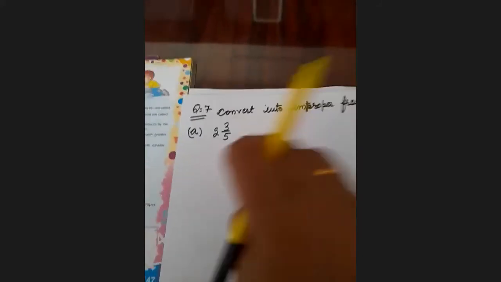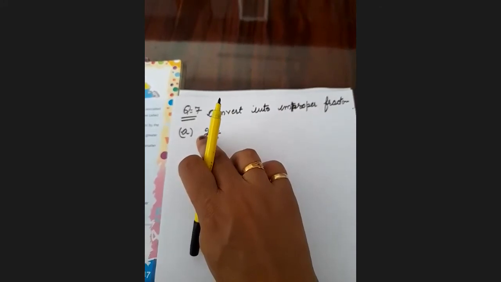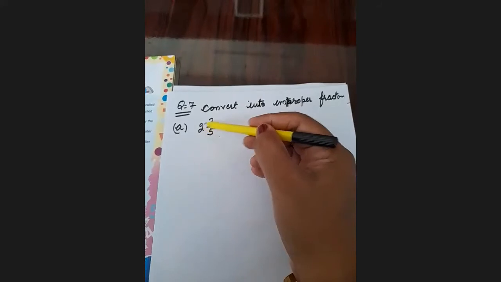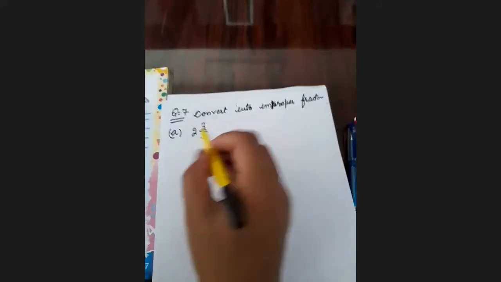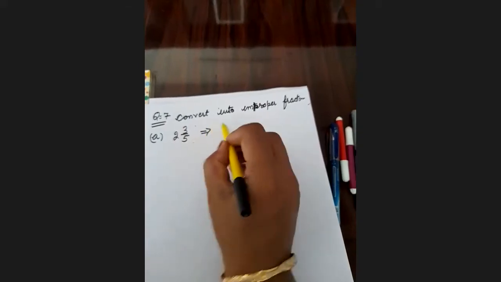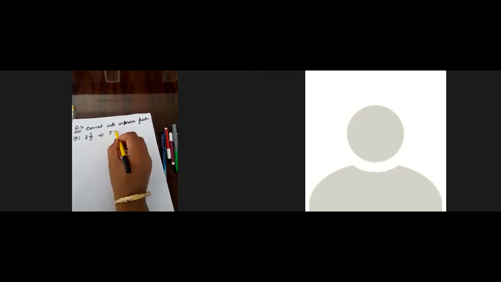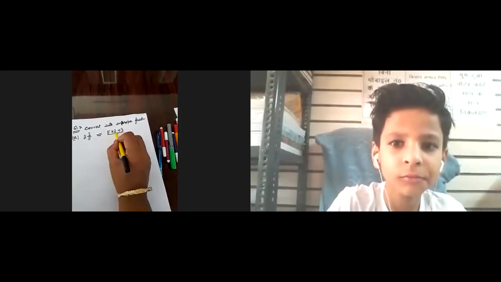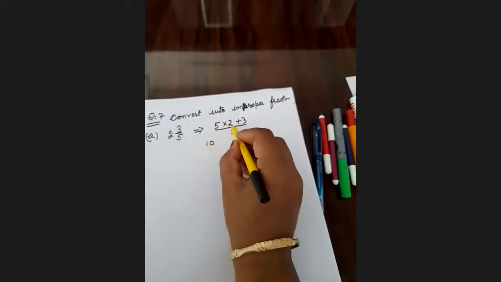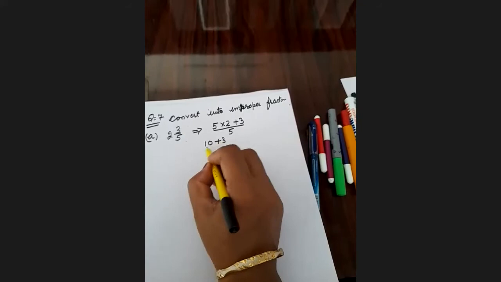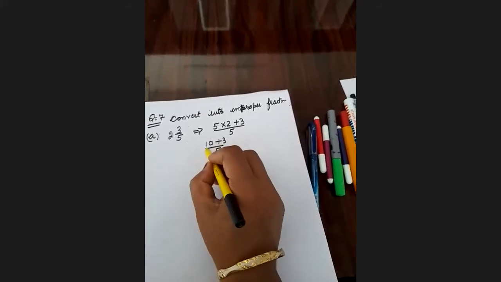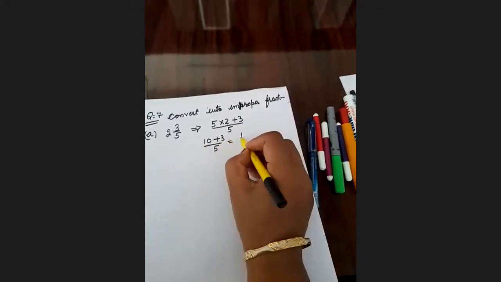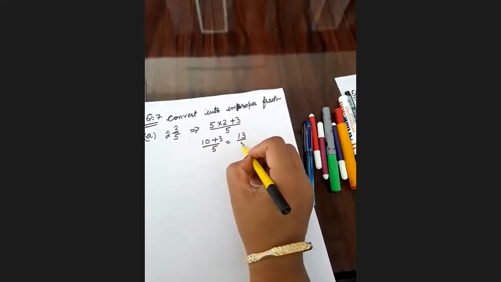First step is 5 multiplied by 2, then plus 3, upon 5. 5 twos are 10 plus 3 upon 5. 10 plus 3, 13. So 13 upon 5.